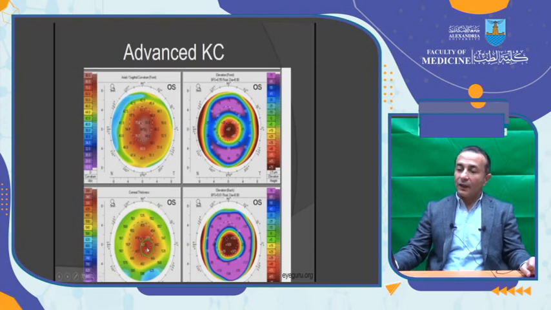Also, if we look at the pachymetric map which represents the corneal thickness, we can find here that the corneal thickness is 367, 379, 418. So there is central thinning and also steepening. So this is a case of advanced keratoconus.